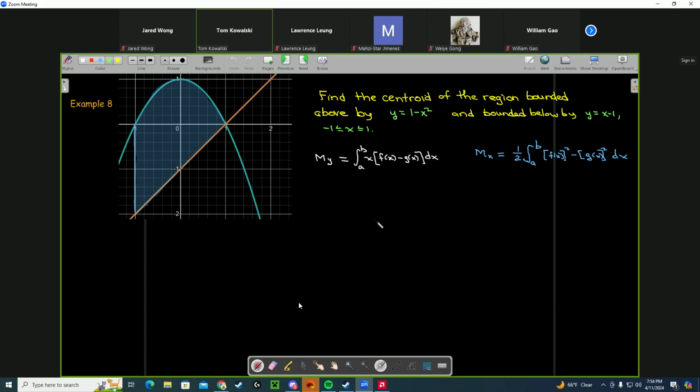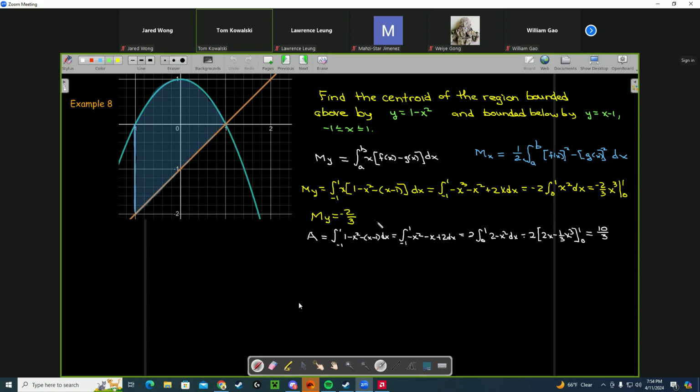So we can take those formulas, substitute into the formulas for the moments, and calculate those moments. There's nothing very tricky here except being careful with all of the algebra. And again, for the moment about the x-axis, I have to take the difference of the square of the top minus the square of the bottom.